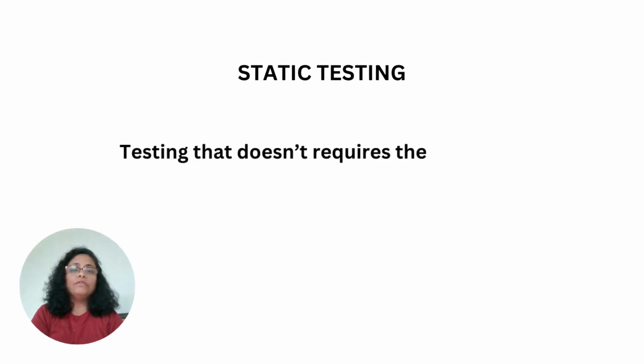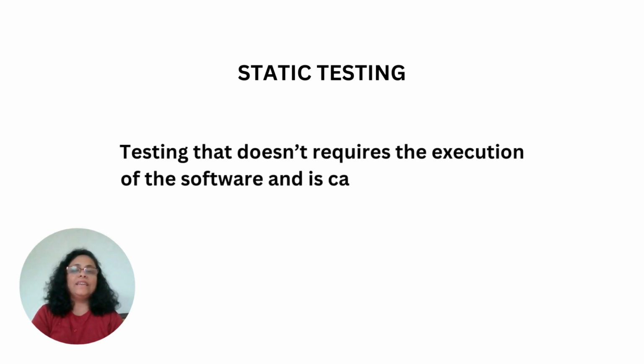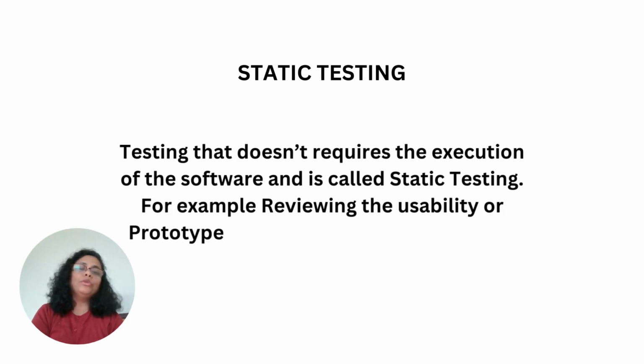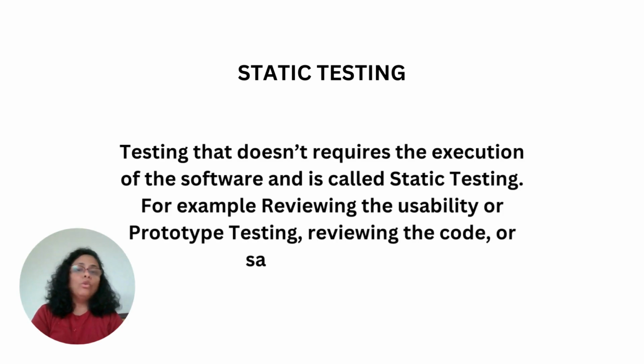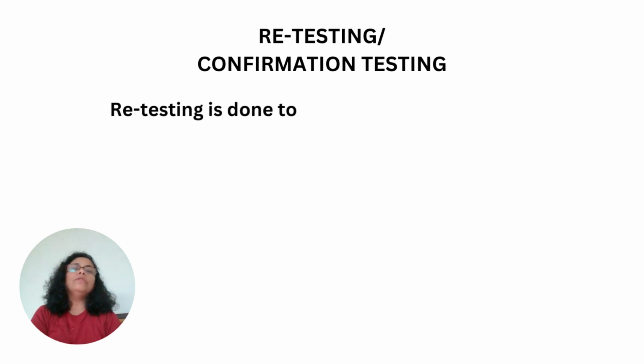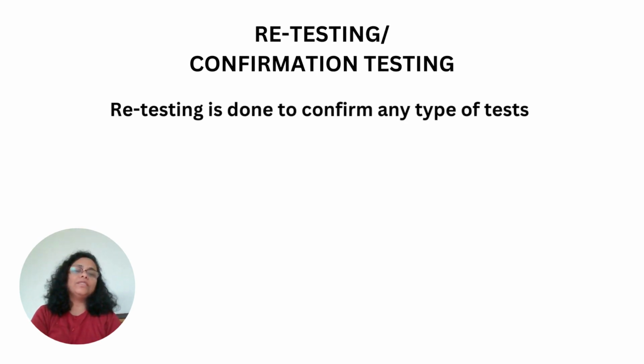Next comes static testing. Testing that doesn't require execution of the software is called static testing. For example, reviewing the usability or a prototype, reviewing the code or say the application. Retesting or confirmation testing. Now, retesting is done to confirm any type of tests.